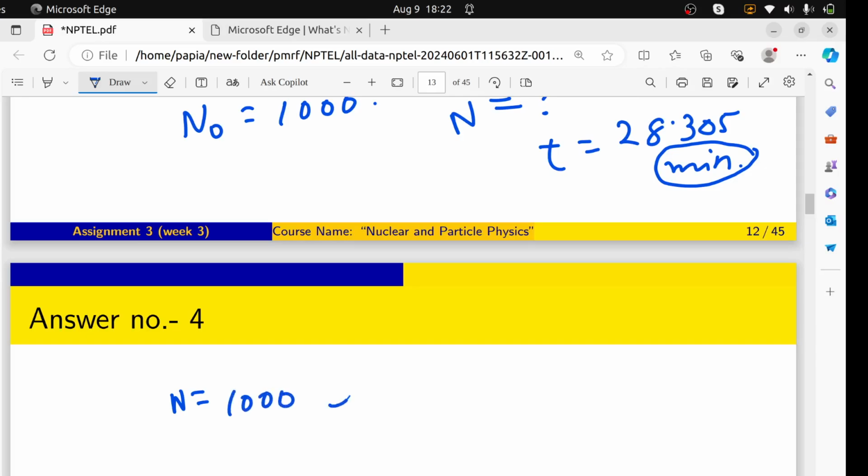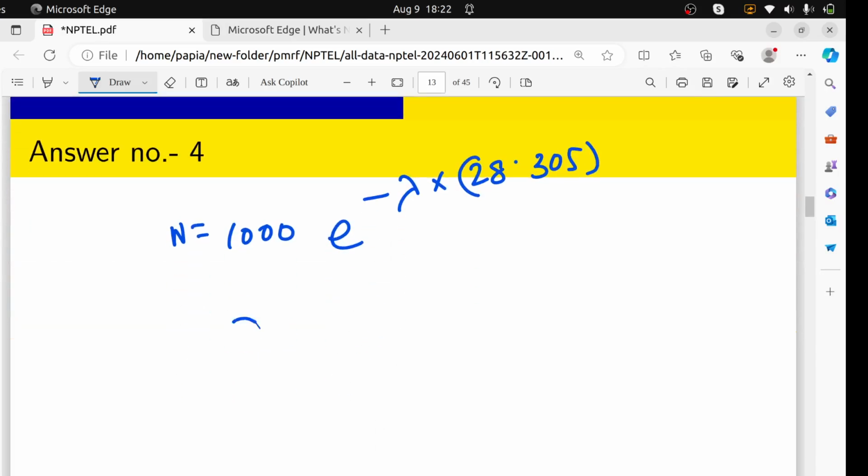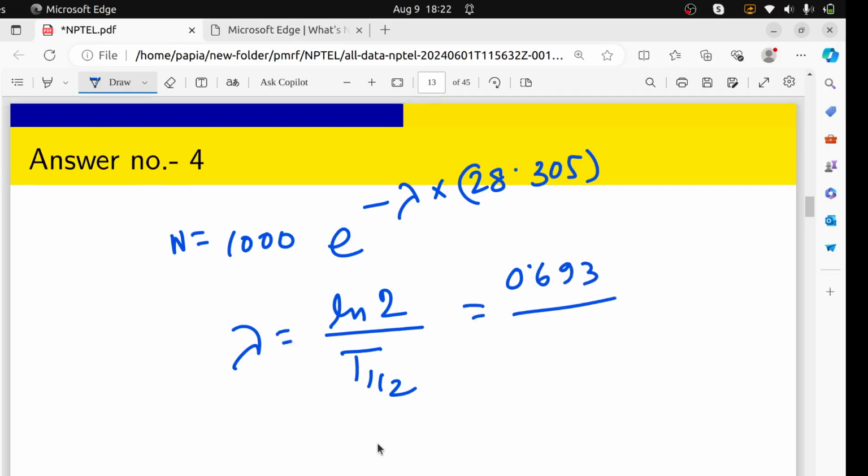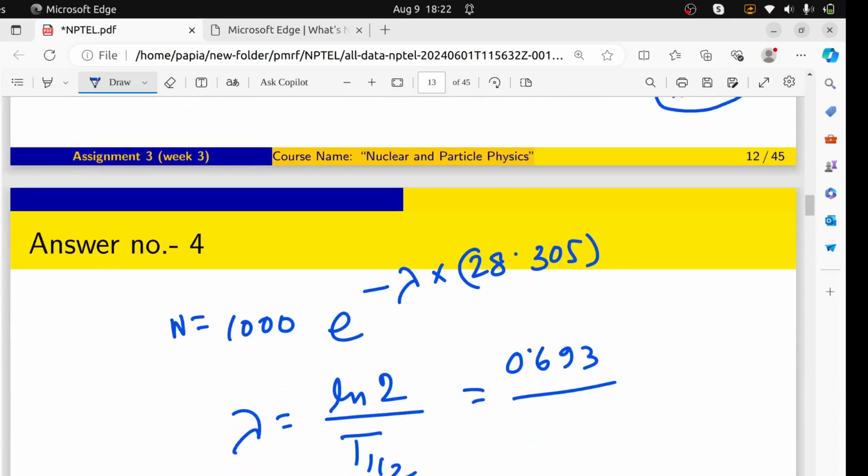So N equals to 1000, as given, e to the power minus lambda into 28.305. So what will be lambda here? Lambda is nothing but ln2 by t half. So ln2 is 0.693 divided by t half, which is 9.435.